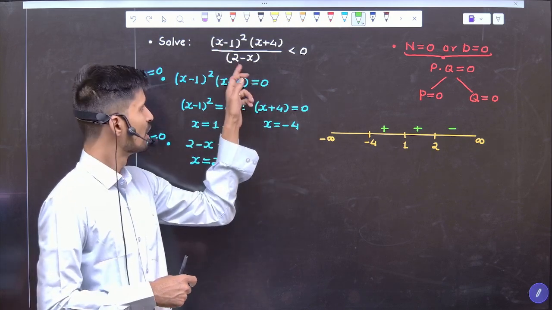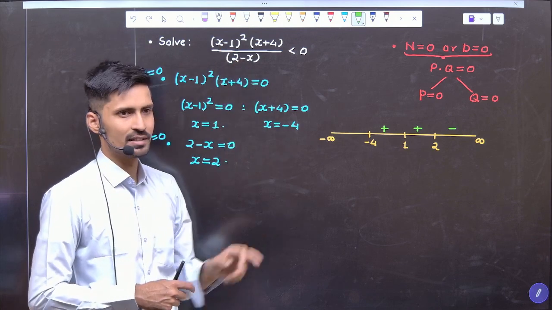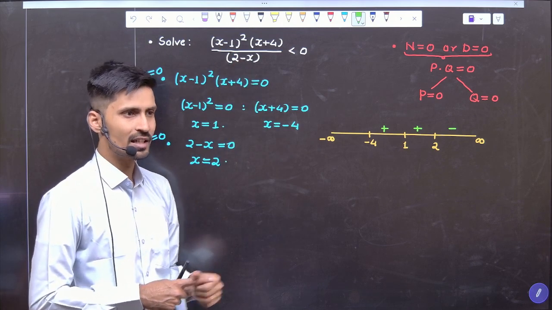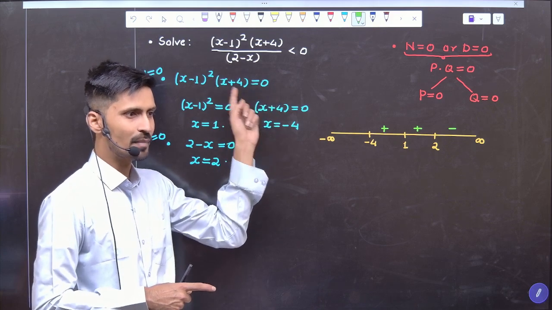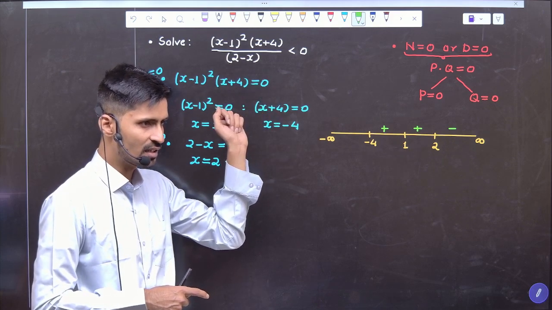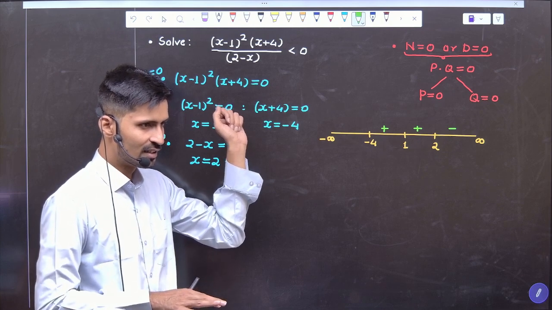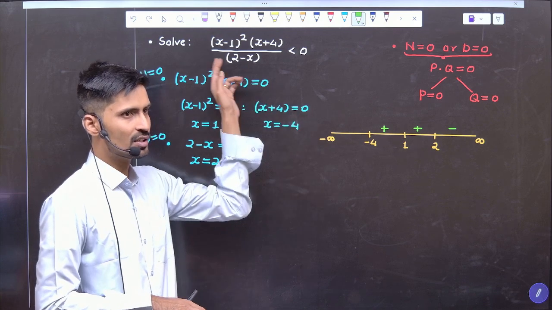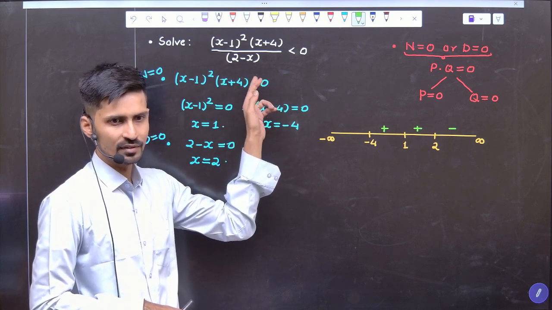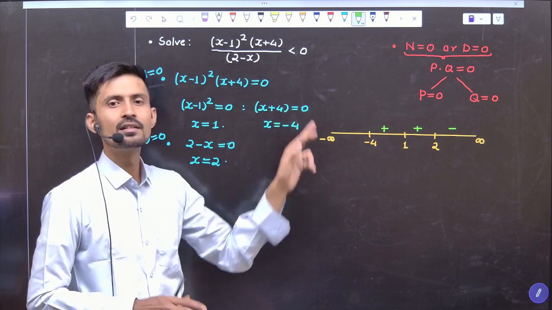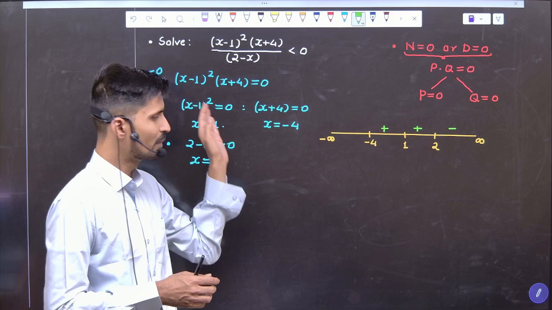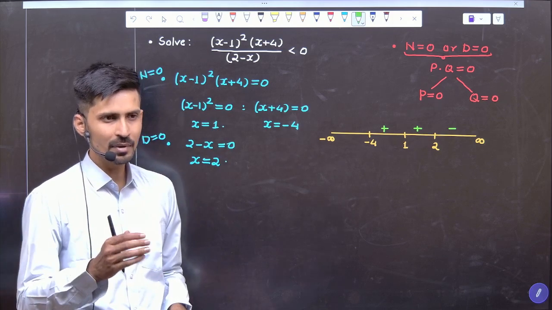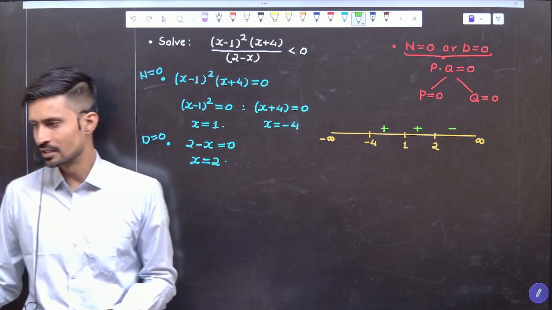Now 2 minus minus 6 is 2 plus 6, 8. 8 is positive. So numerator negative, denominator positive, negative by positive. This sign will come negative.